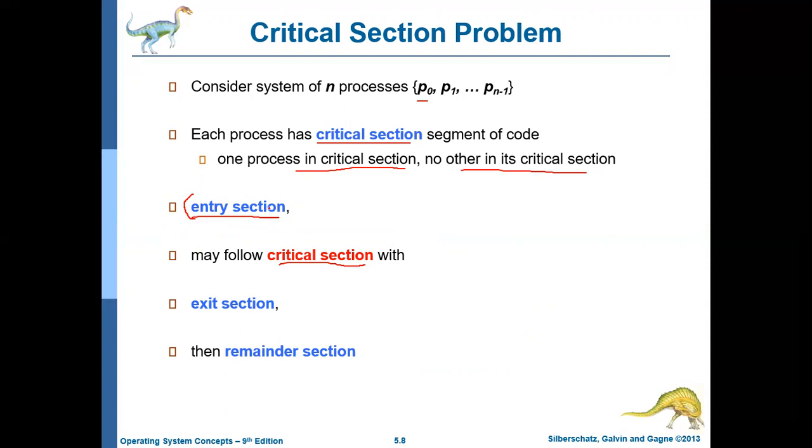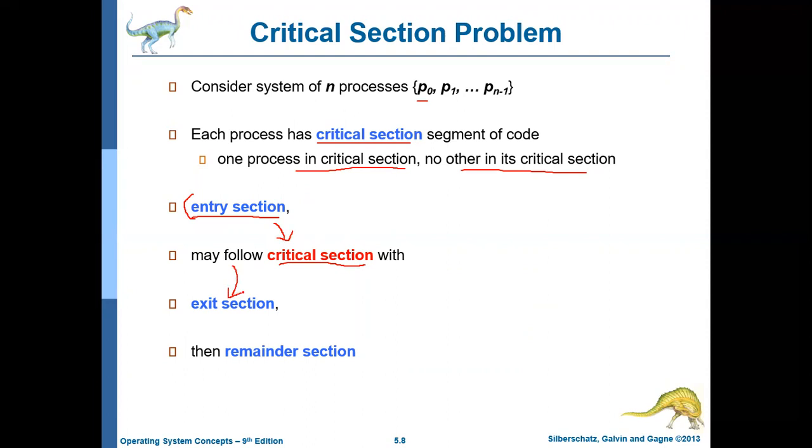If some other process is in the critical section, then this process will not enter; it will keep on waiting until that process comes out of the critical section. If no other process is in the critical section, then it will enter the critical section and perform the task specified there. Then it will come to the exit section.